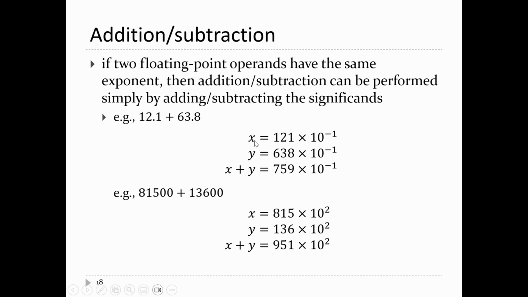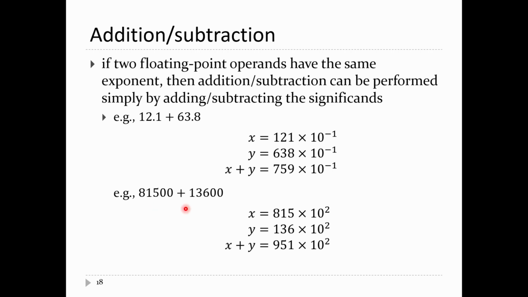So 12.1 becomes 121 times 10 to the minus 1. 63.8 is 638 times 10 to the minus 1. Again, the goal is to make sure that the exponents are the same, because now all the digits line up when you add them together. Now just go ahead and add using whatever algorithm you want to add the two numbers. So here you get 759 times 10 to the minus 1, or 75.9.